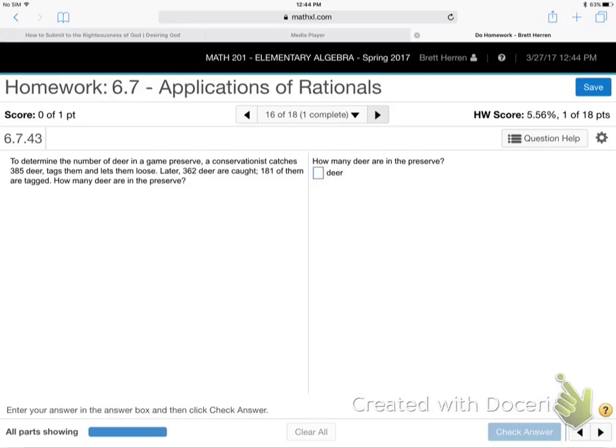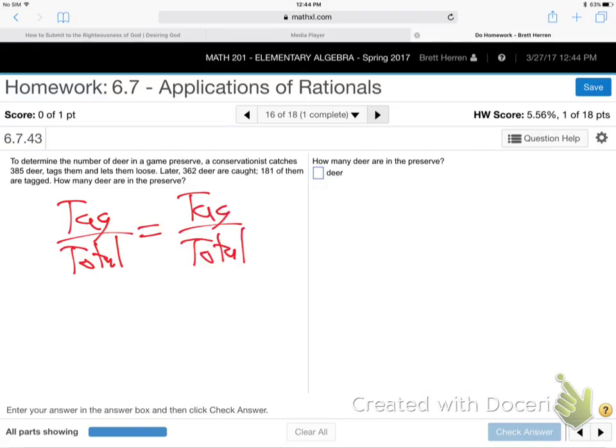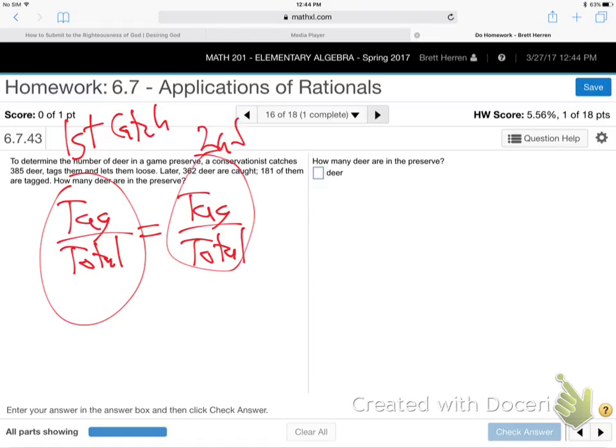So they use math to estimate. All right, here we go. So basically you do tag over total. Here's the actual formula, tag over total. And this is first catch, and this is second catch. Tag over total equals tag over total.